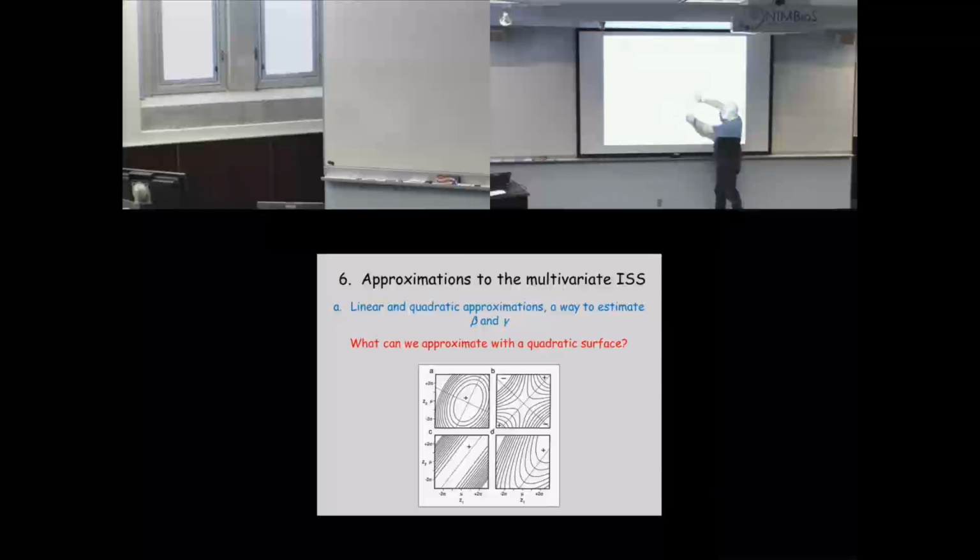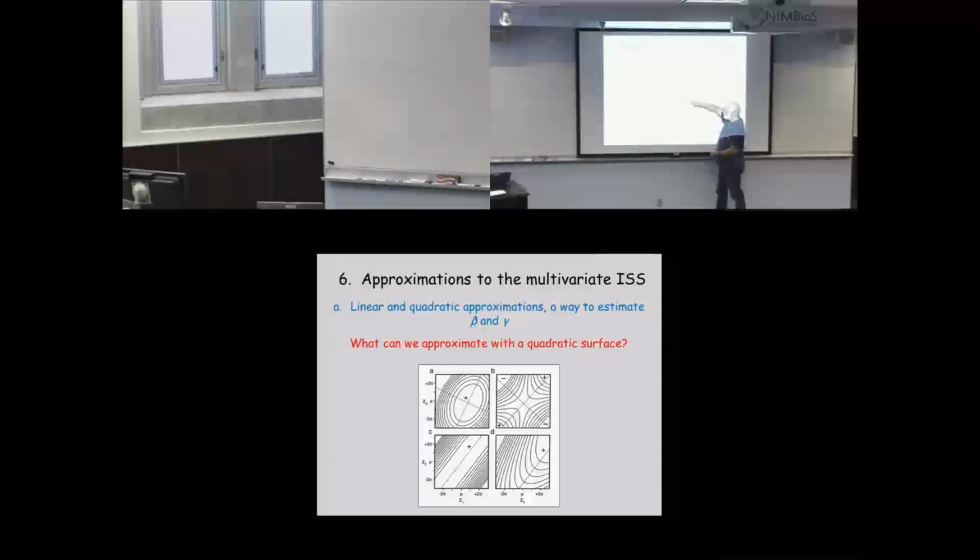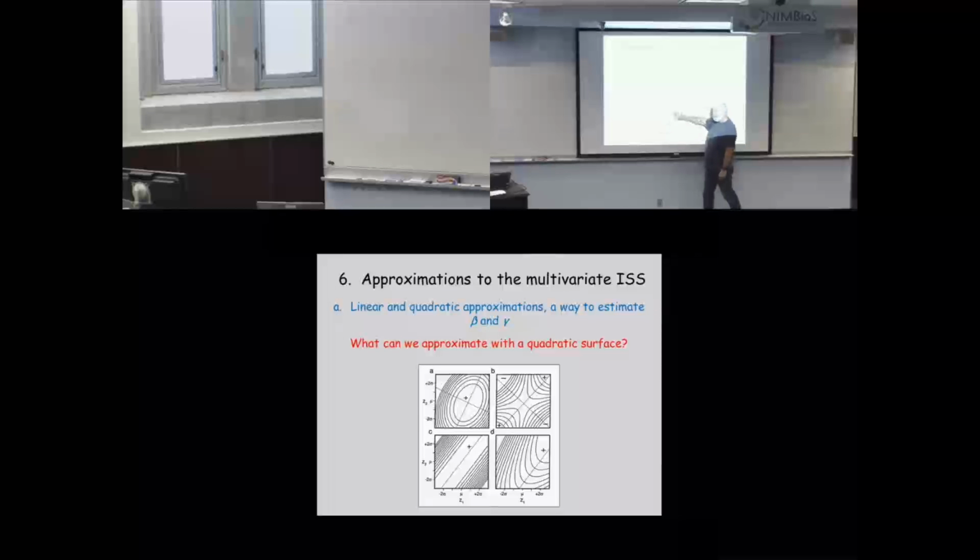It can be a saddle. The surface is bending up here and down in that way, so there happens to be a saddle. We can have a level ridge or a rising ridge. So even with just two traits in this very simple function, we can have a variety of possibilities.